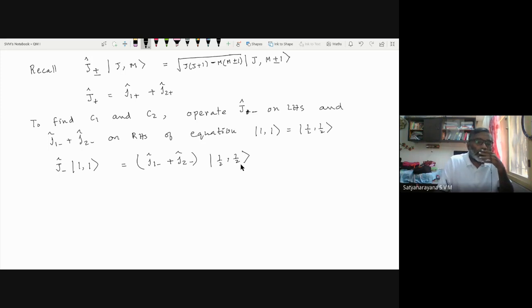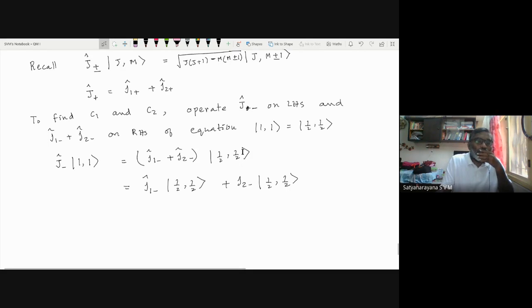So that means this is nothing but J1 minus acting on half half plus J2 minus acting on half half. Okay, so I have two different terms on the right hand side.